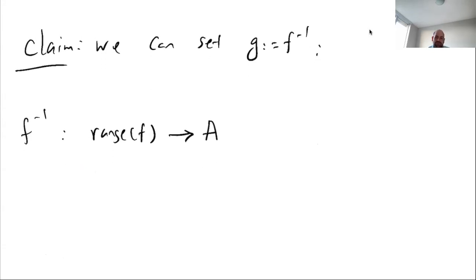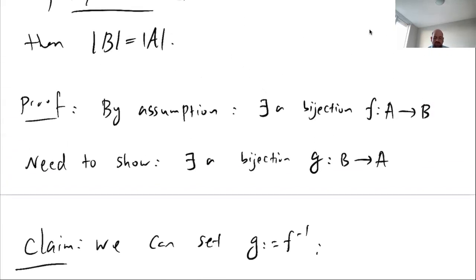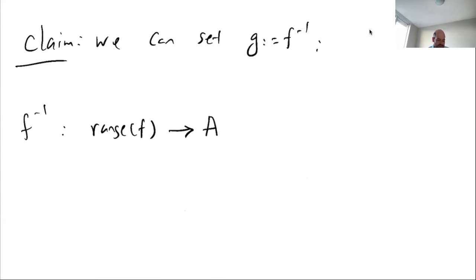Remember, F is onto. A function is called onto or surjective if its range is the same as its codomain. What is the codomain here? Codomain is B. So F is onto, which means the range of F equals B. So F inverse will be from B to A.